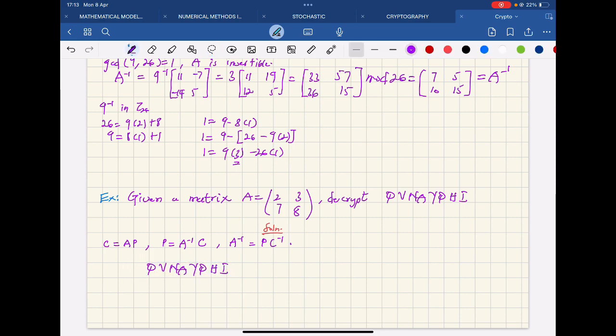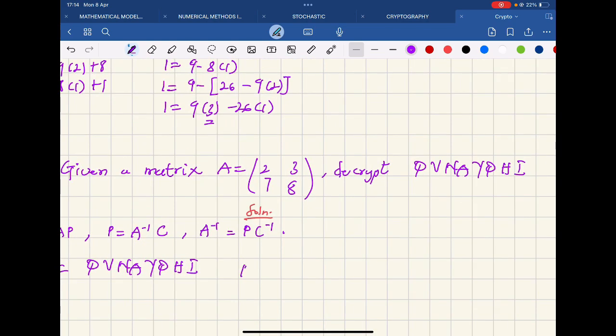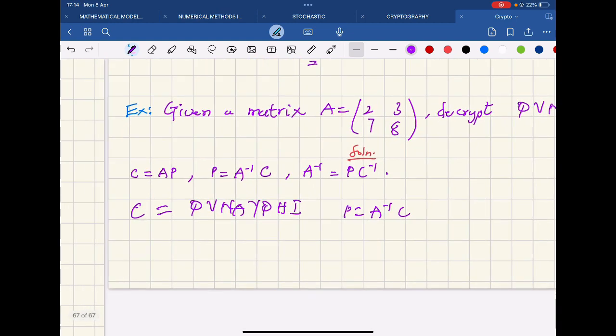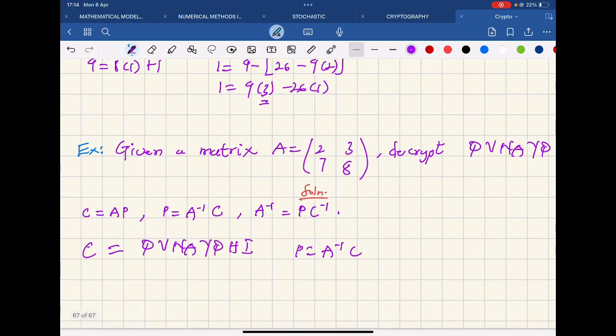So our C is equal to this. Now, to find P, we know that P is equal to A inverse times C. So the first thing that we have to do is check if A is indeed invertible. Now, let's find the determinant of A.